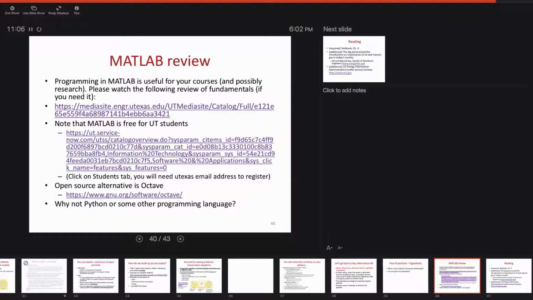So in that sense, if you want to, there are resources, like a basic review of how to use MATLAB. And MATLAB is free for UT students. Whatever is true for MATLAB is also true for its free variety, Octave. Why not Python or some other programming language? Why not?